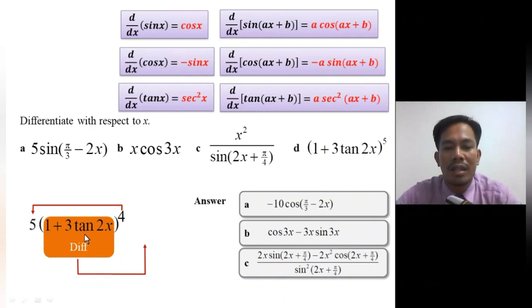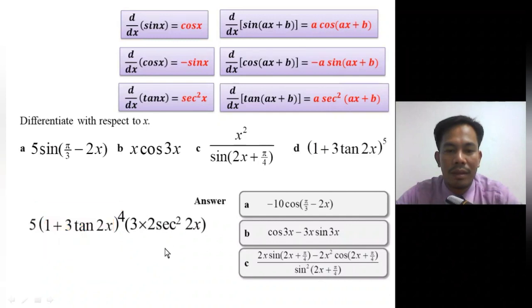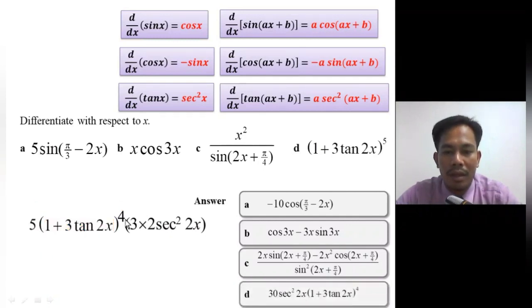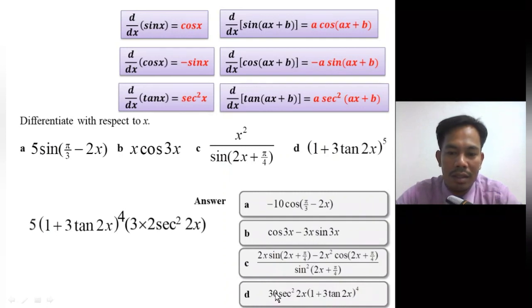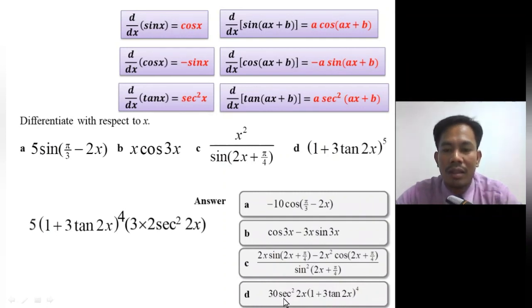It will become 6 secant squared 2x. 6 times 5 will become 30. That's why this one becomes 30 secant squared 2x times the quantity of 1 plus 3 tangent 2x to the power of 4.